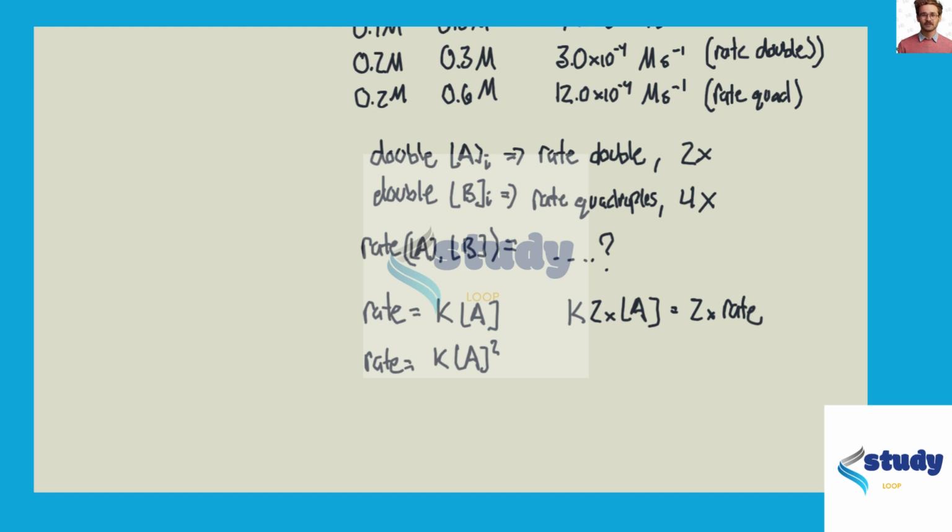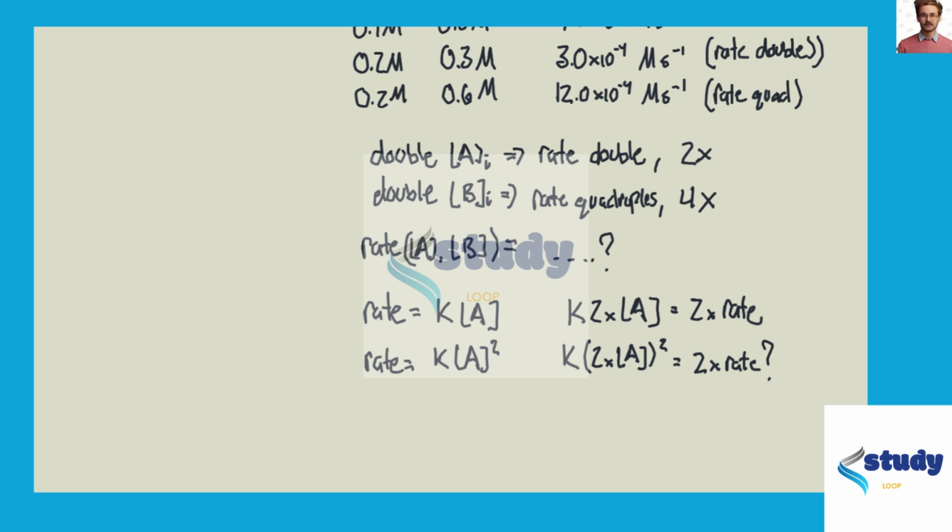That makes sense. But it wouldn't follow for the square case, because if we said k and then squaring our doubling of A, 2 times A squared equals 2 times the rate. Is that true? No, right?